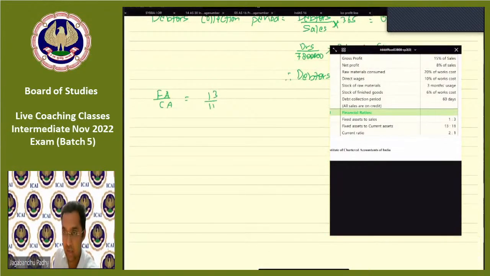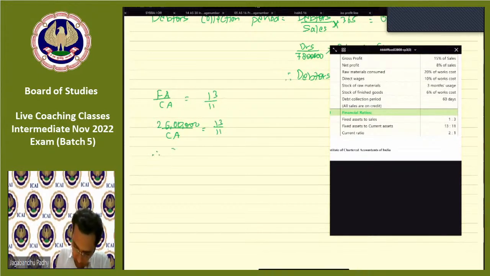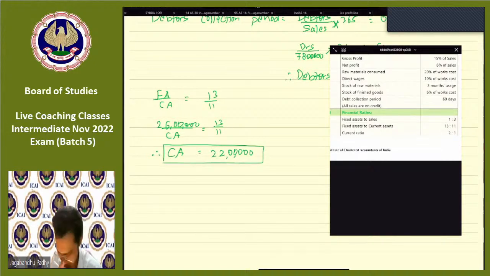Fixed assets is 26 lakh upon current asset is 13 by 11. We can get current asset value as 26 lakh divided by 13 into 11, which is 22 lakhs. Current asset is 22 lakhs.